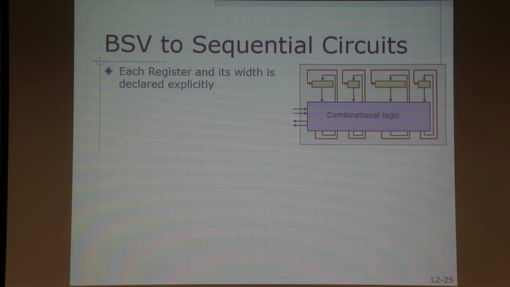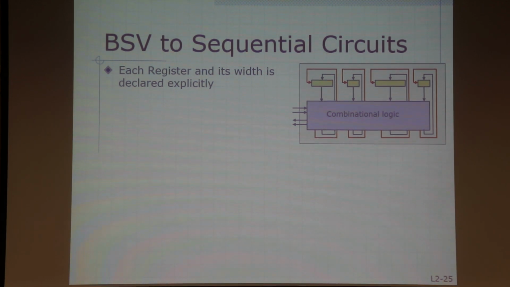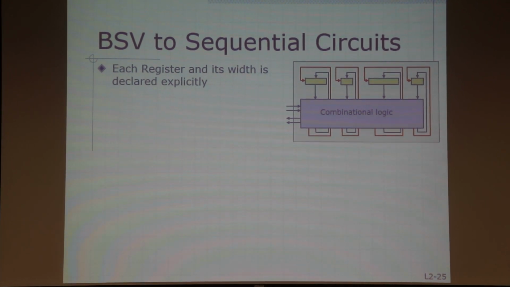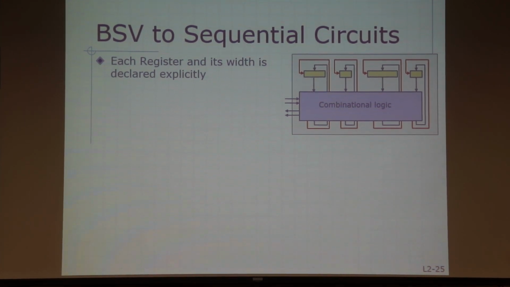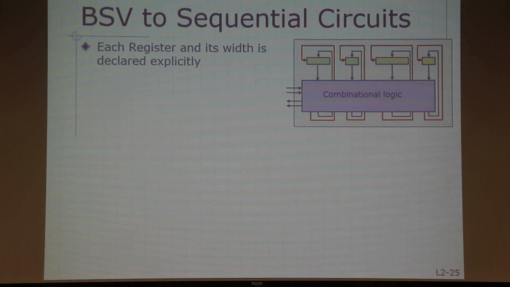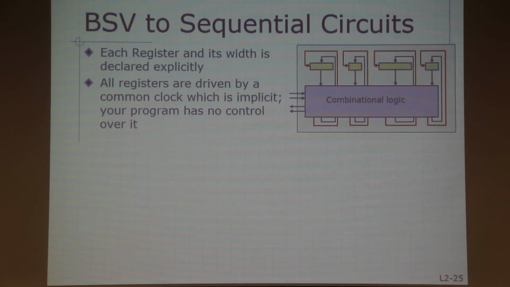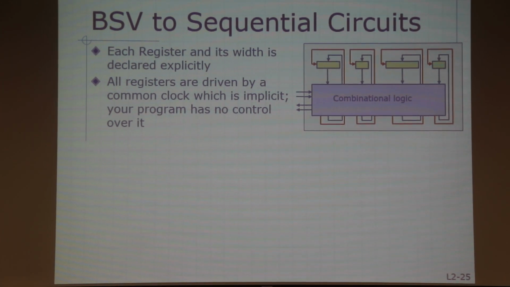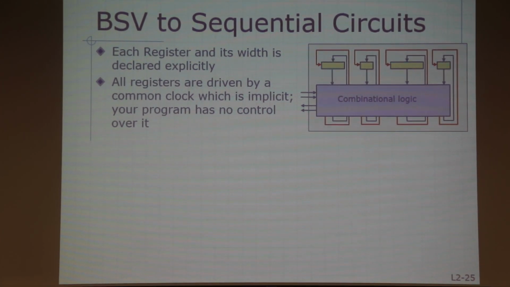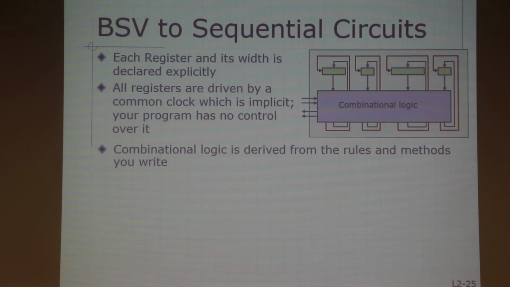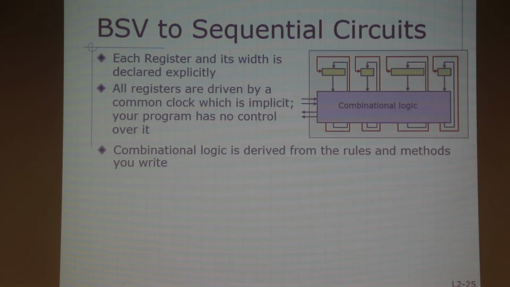So each register and its width is declared explicitly, so it's very easy to draw that top line I drew for you. Okay, all registers are driven by a common clock. You have no control over it. We won't draw it in this. Combinational logic is derived from the rules and methods you write, and that's what I want to show you now.